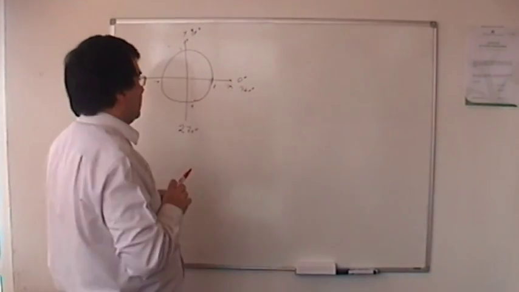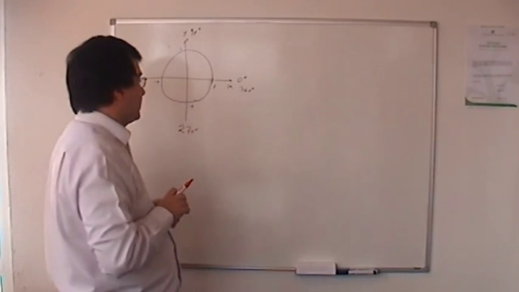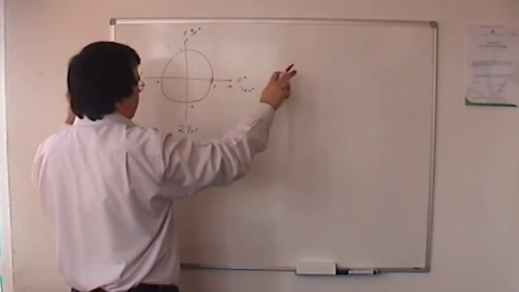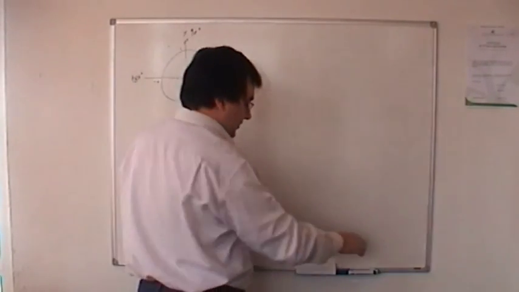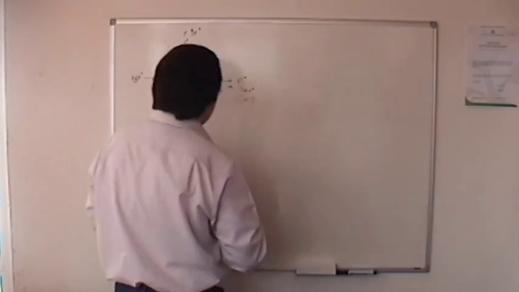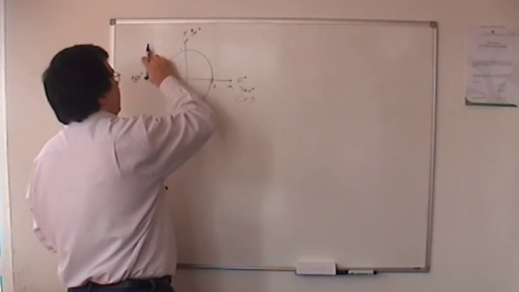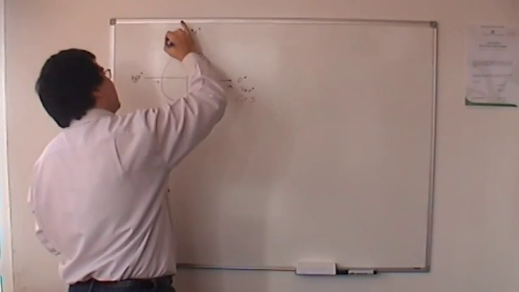For the cosine, we can get measurements of the cosine in the horizontal axis. So here I can get the values for cosine, and for sine I will get the values in the vertical axis.